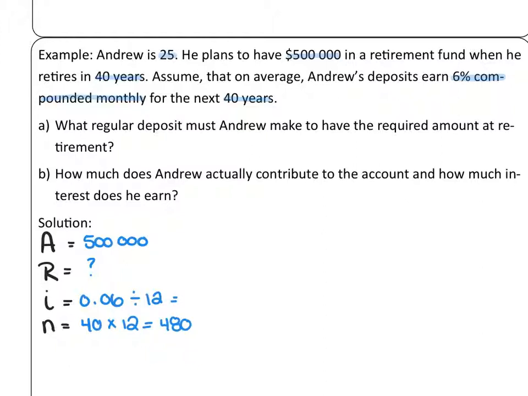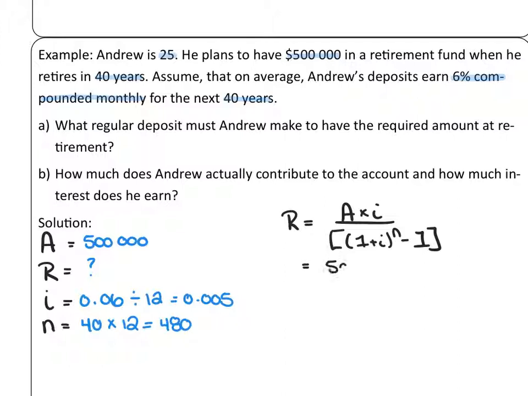Sorry, guys. 0.06 divided by 12 is 0.005. Once you have all that, we're going to sub it into the formula just like we did before, except we're going to use this formula: 1 plus I to the n minus 1.